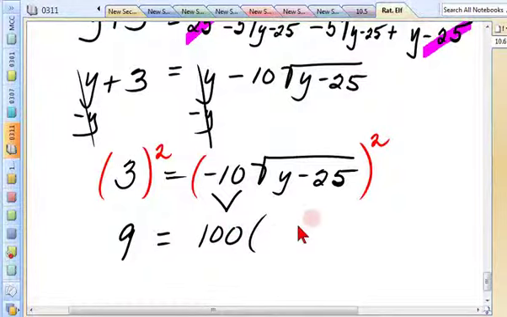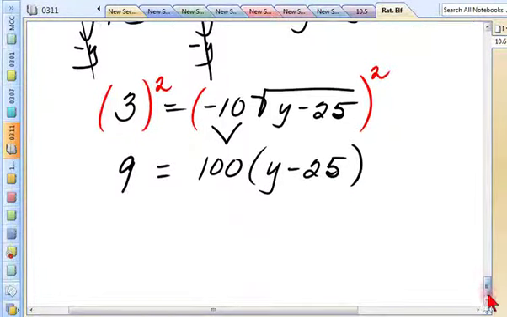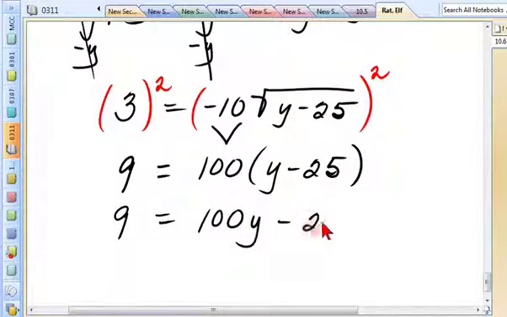And squaring this, it pops out as y minus 25. So it's not quadratic, it's linear. I have 9 is equal to multiplying 100y minus 2500 using the distributive property.